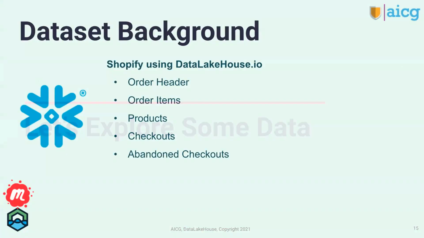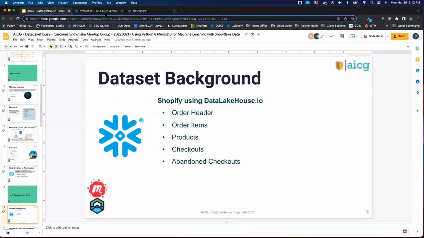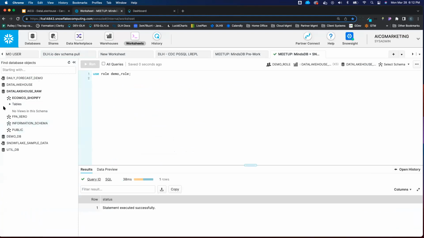Just to take a look at some data, and Drew, I think I'm still doing this piece here. So Shopify data, using Data Lakehouse to get that into Snowflake. I'll click this button here and view some data. We typically use a database called Data Lakehouse Raw, which brings in the raw data.